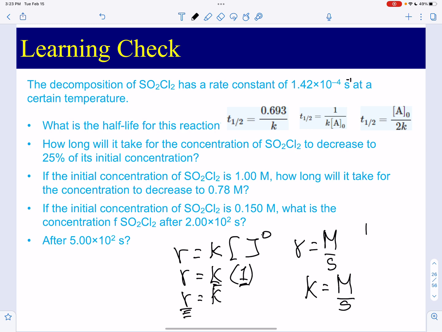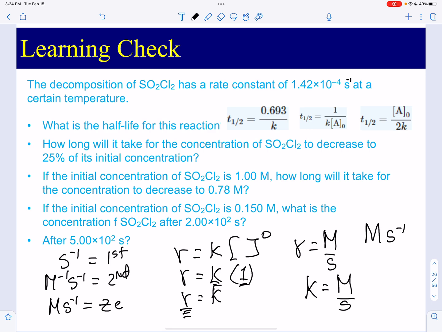Which in another way would be M s to the minus 1. So s to the minus 1, that would be for first order. M to the minus 1 s to the minus 1, that would be for second order. And M s to the minus 1, that would be zero order. So now that we know that, let's go back to this problem.